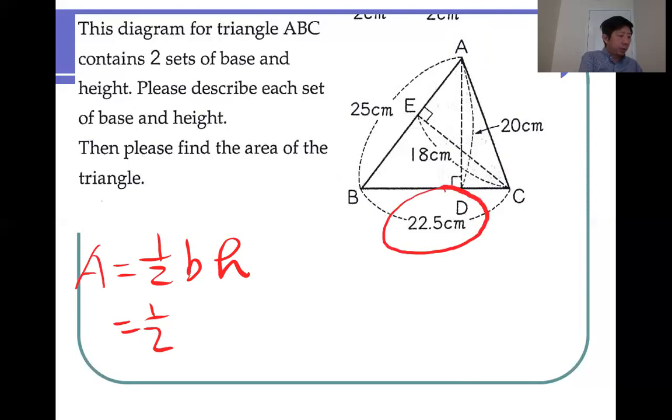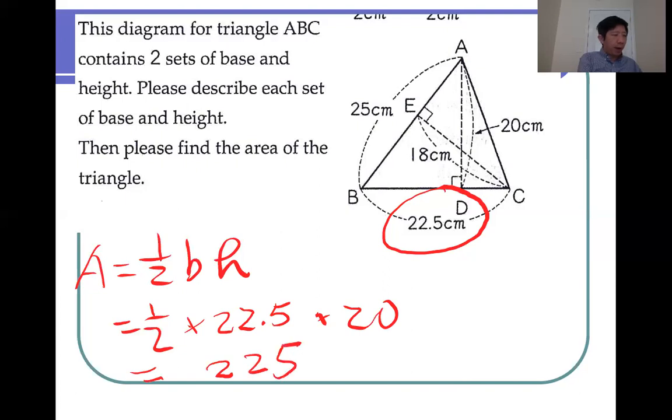So I'm gonna put down 22.5 centimeter. And what's the height? Height will be 20. Is that right? Right. So therefore, I got the answer is 225 centimeters square, right?